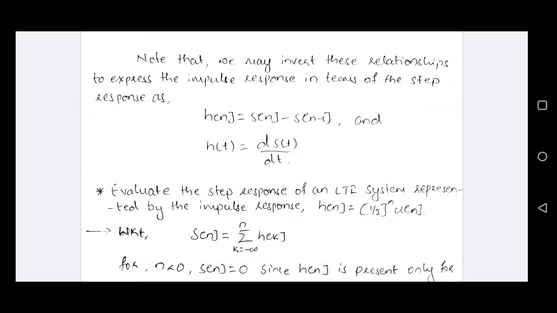And in the case of continuous LTI systems, the impulse response is the first derivative of the step response, given by h of t equal to ds of t divided by dt. So for discrete time, the impulse response is the first difference of the step response, and for continuous time, it is the first derivative of the step response.